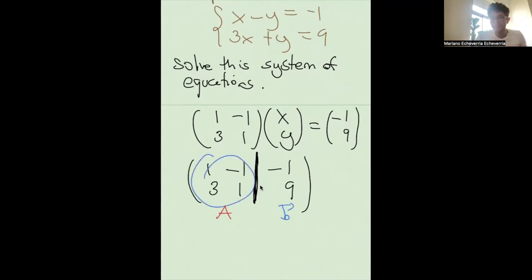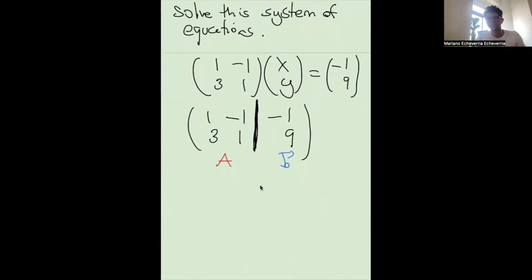So the goal is to turn this as much as possible into the identity matrix. You'll see why in a second, once we get to the identity matrix, why that's convenient. But what was the identity matrix? The identity matrix was [1, 0; 0, 1].